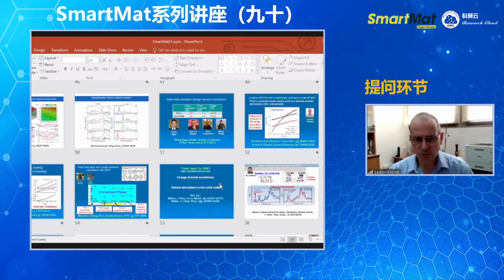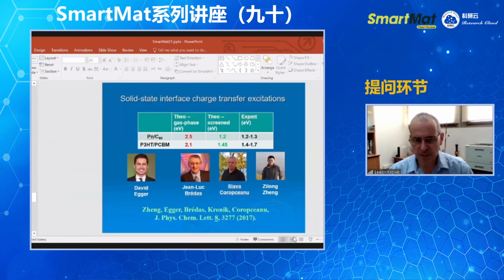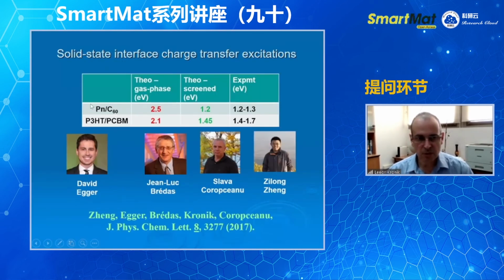In fact, this is what I mentioned briefly during my talk. We actually calculated that in a solid state interface between pentacene and C60 or P3HT, PCBM, both of which are popular systems for organic photovoltaics. It's a good way to see what the screening does. So it's a singlet excitation in both cases, as the question was raised.